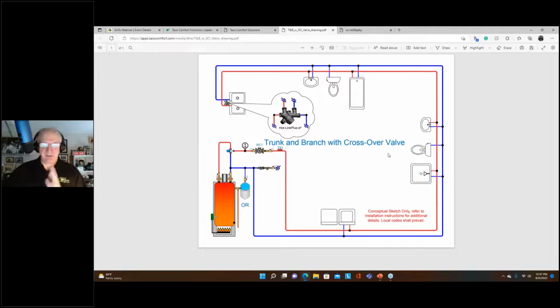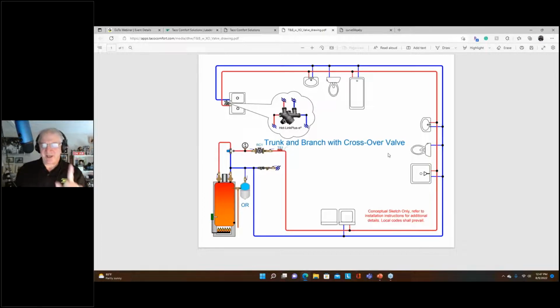And again, 2 weeks ago, Dave went over the operation of the Hotlink Plus E valve. It's a fast-acting snap closed valve, so that when the hot water arrives, we close that valve so we get a minimal amount of warm water in the cold water line. How much? Well, by the time you turn the cold water faucet on and stick your hands underneath it, it's probably dissipated. All right.